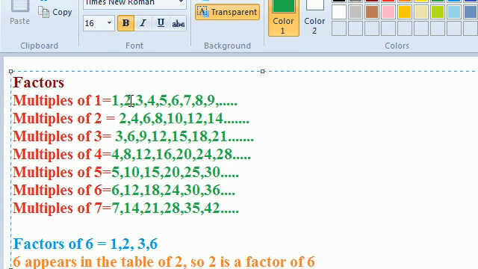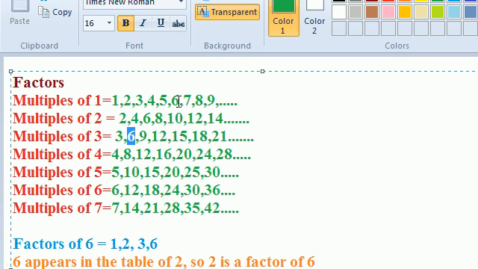In the multiples of 1, we find a number 6. So we say that 1 is a factor of 6. Again we find here 6, so 2 is a factor of 6. Again here, 3 is a factor of 6.